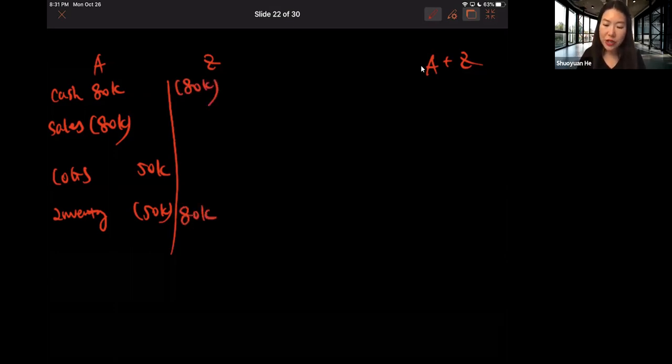And it has also sold 60,000 of that inventory at whatever price. Let's just assume the selling price is X. So it gets cash of X and records sales of X. At the same time, it records the cost associated with the inventory that has been sold.